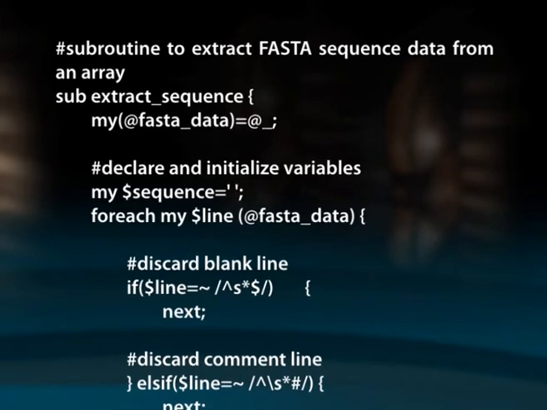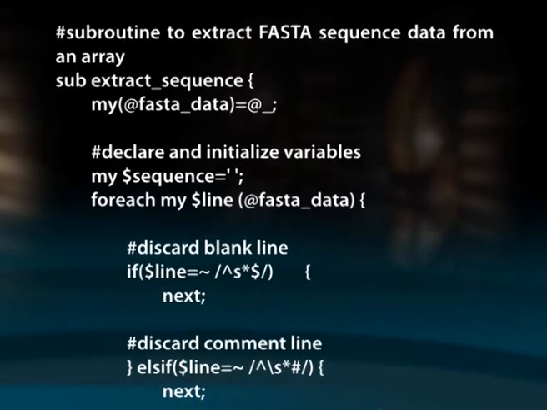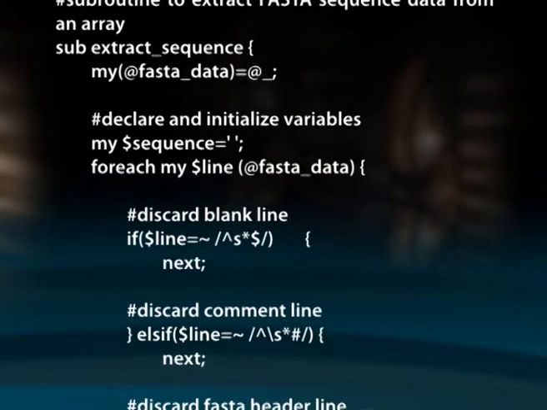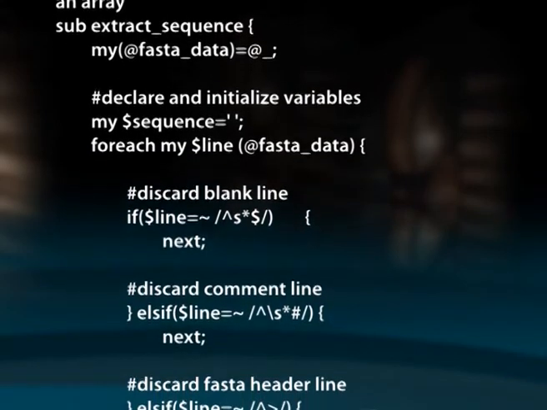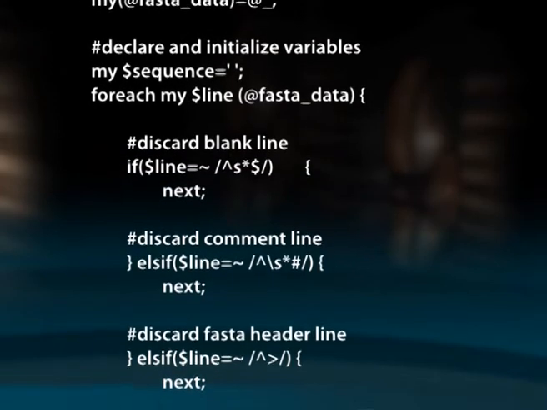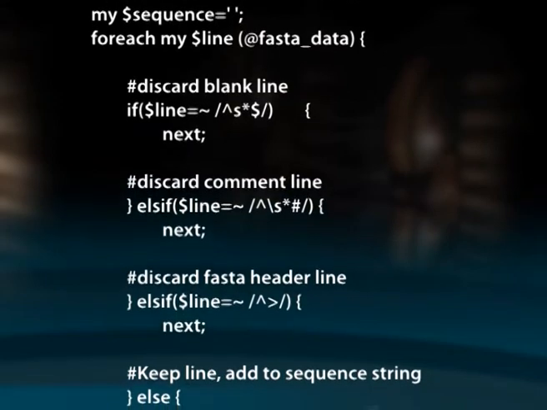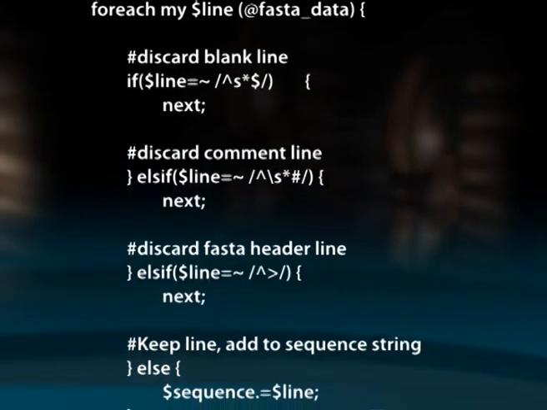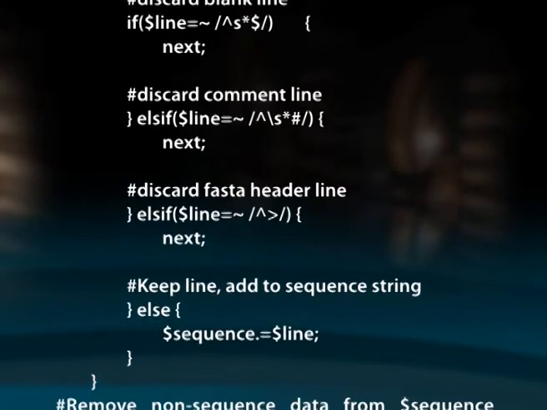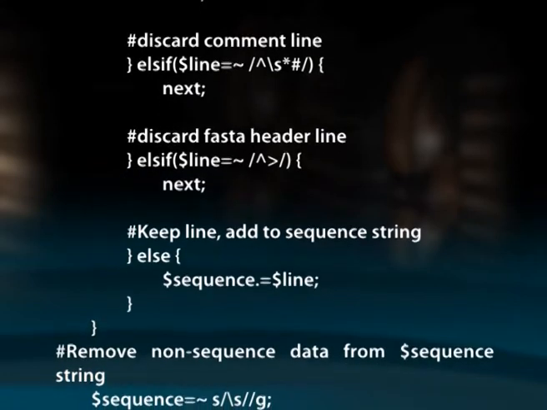To discard the blank line, we use the statement if $line matches the regular expression /^\s*$/, then go to the next line. Discard the comment line, which is specified with the regular expression with the hash symbol. Discard the FASTA header line, which is specified with the greater than symbol. Keep the line and add it to the sequence string, else $sequence dot equal to $line.